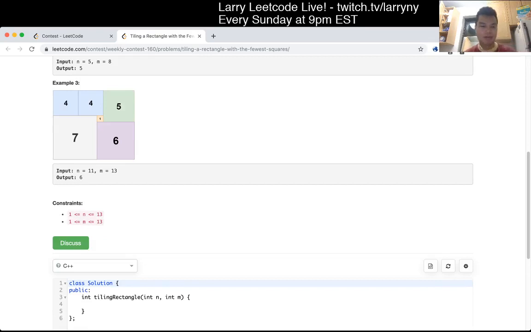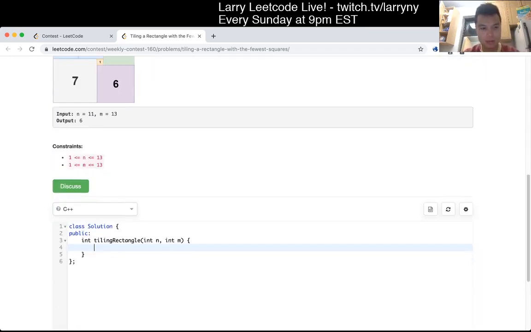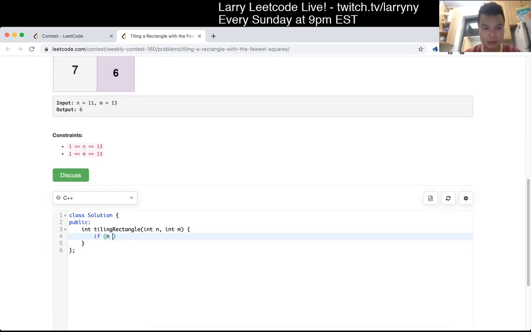Let's give it a go. Well, and then just return 1 because that's 1 square.